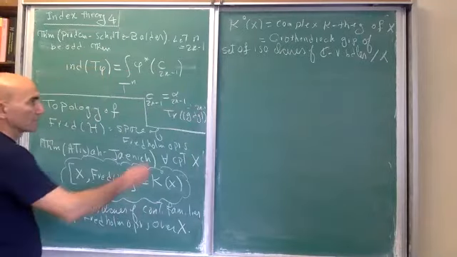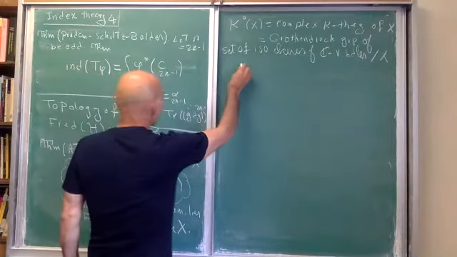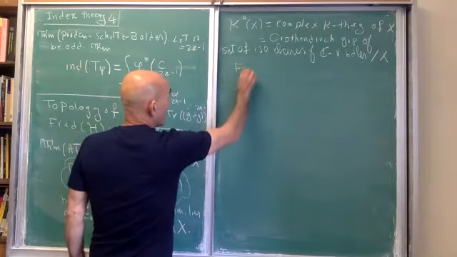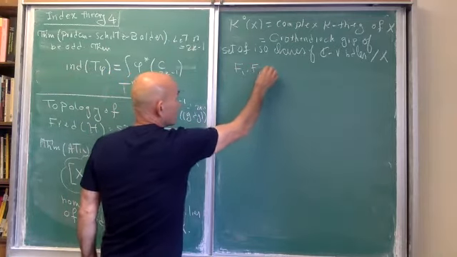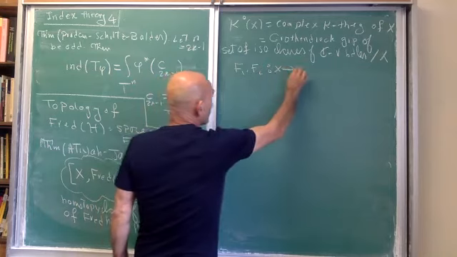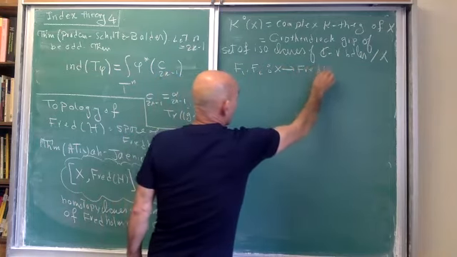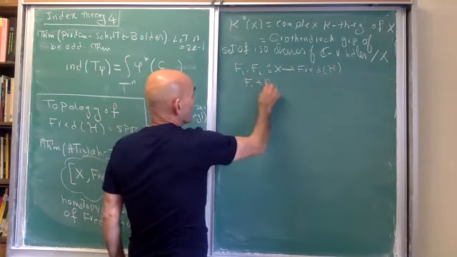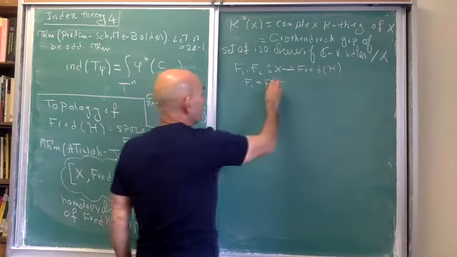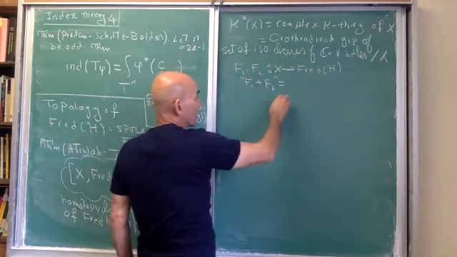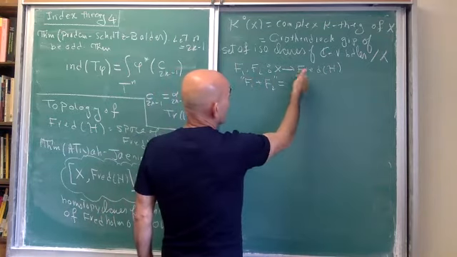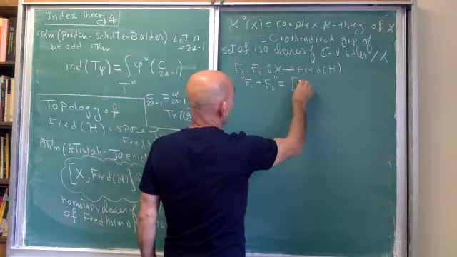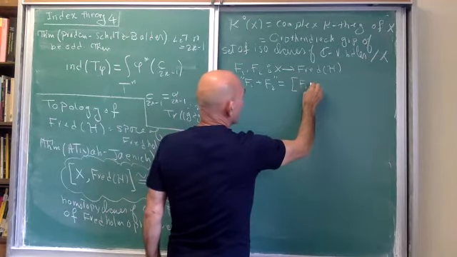If you have F1 and F2, two continuous maps from X to Fred H, then you define the addition by multiplying them: the class of F1 plus F2 is the class of F1 times F2.